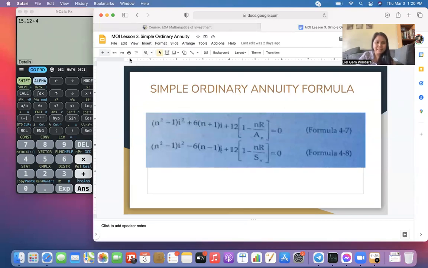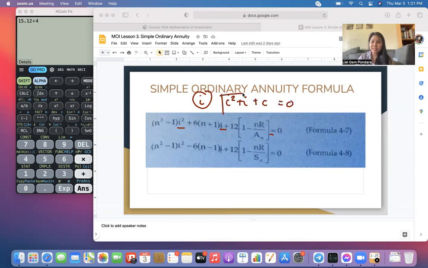We're looking for I. The factors are I squared, I, and the one without an I. That I squared plus I plus the constant equals 0. This is what we call the quadratic equation, the general form.